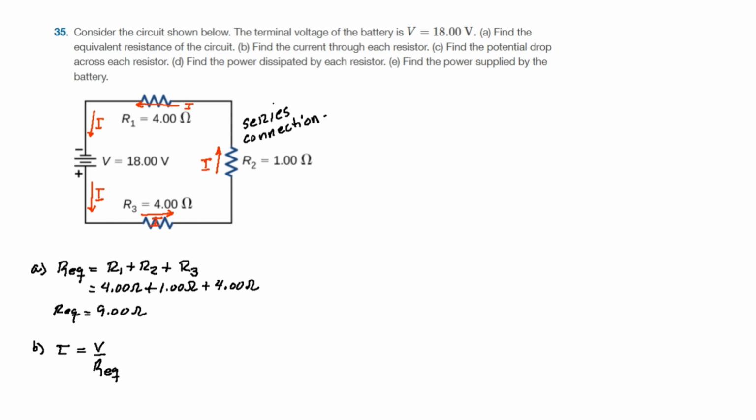So this current will be the 18 volts of the battery divided by the 9 ohms. That is the equivalent resistance. So this would be 2 amperes.